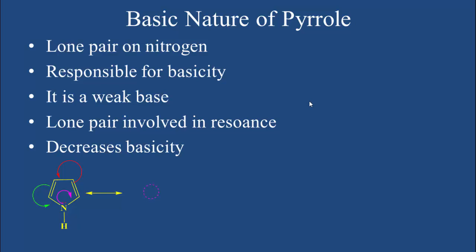Though the nitrogen atom has a lone pair of electrons, they are not easily available for donation. Therefore, this pyrrole is a weak base, because the lone pair of electrons is continuously revolving in the ring, and is not easily available for donation. Therefore, pyrrole is a weak base.